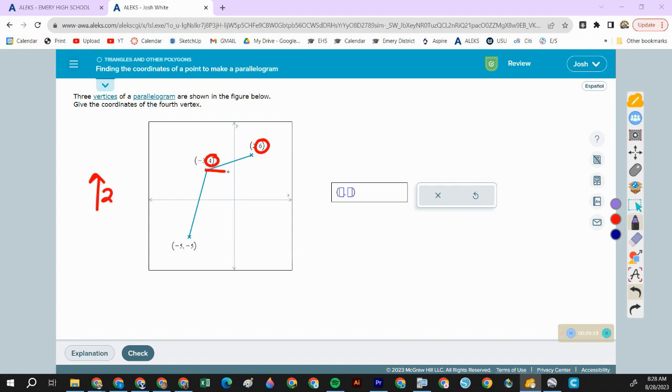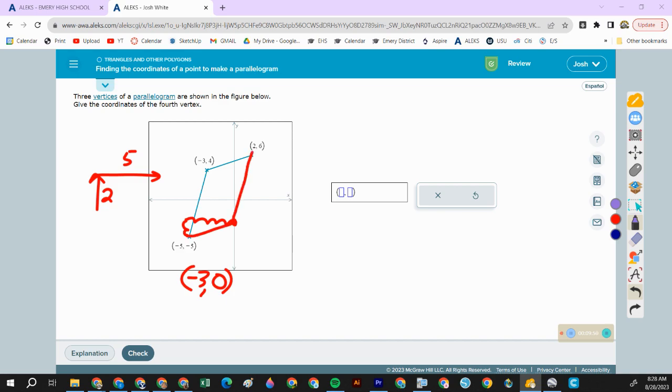How far is it from here to here? 5. From -3 on the x-axis up to 2 on the y-axis. So we're going to go right 5. So from here I go up 1, 2, and I go right 1, 2, 3, 4, 5. So that point would be -3, 0.